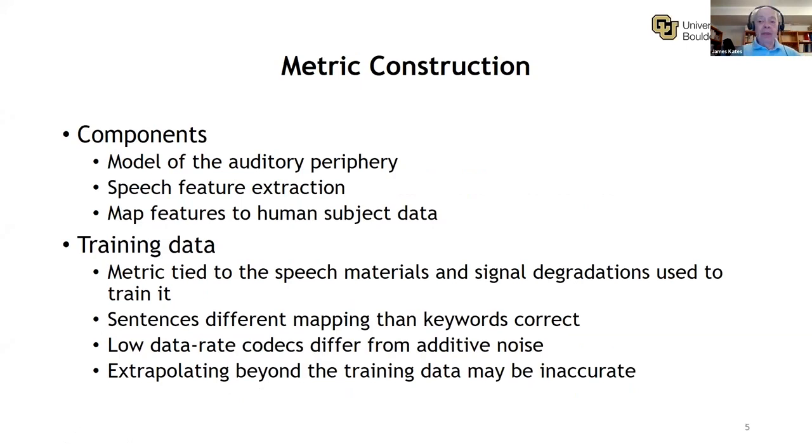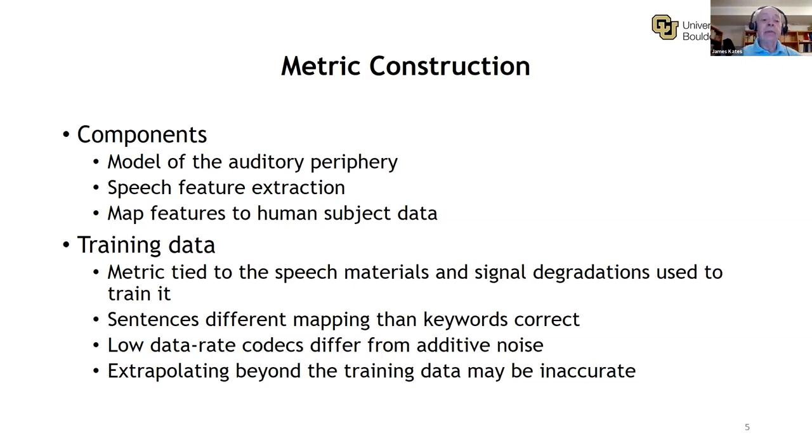So how do we build metrics? We want to measure what's going on in the signal, and we want to do so in the context of our understanding of the auditory periphery and maybe going higher up the brainstem.